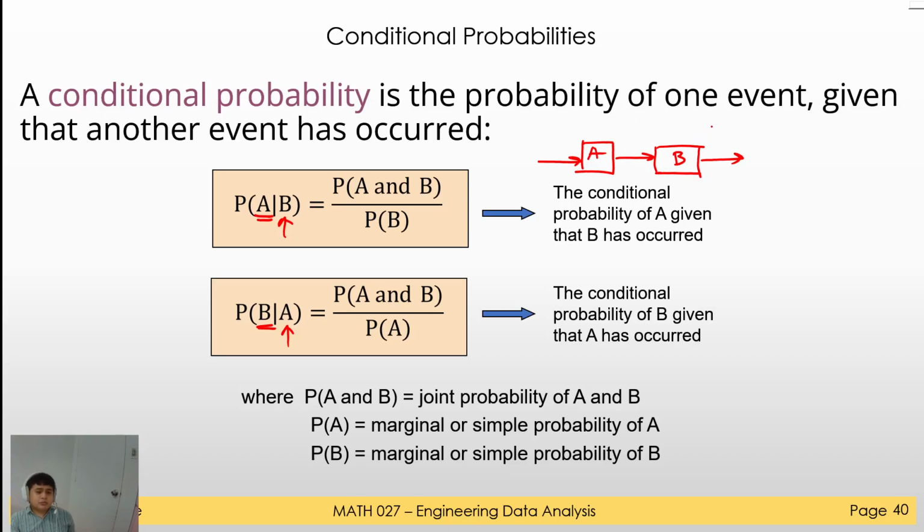The probability of B given that A has occurred is equal to the probability of A and B happening over the probability of A occurring. This should be remembered, guys: the given event is also the denominator of the formula.